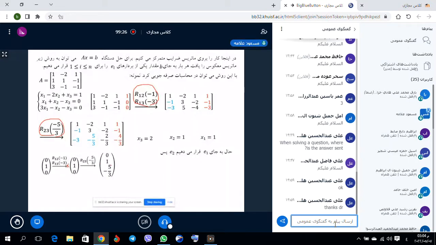So we have to use this column by this column.